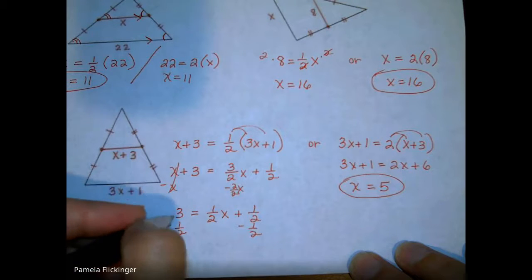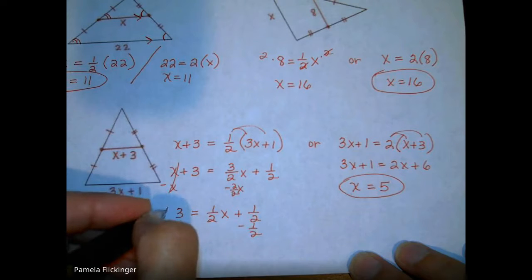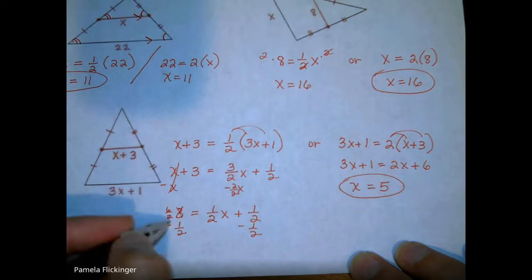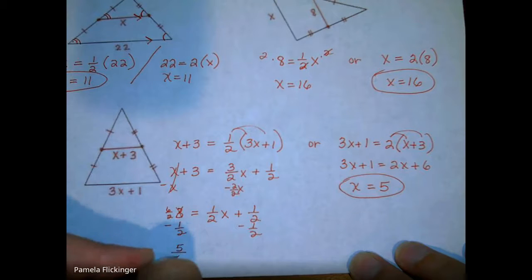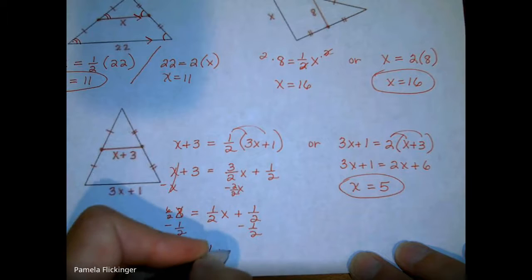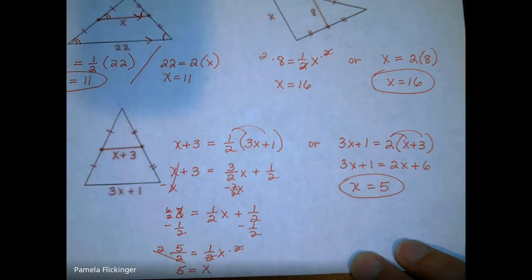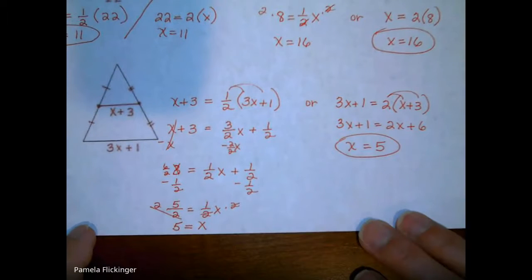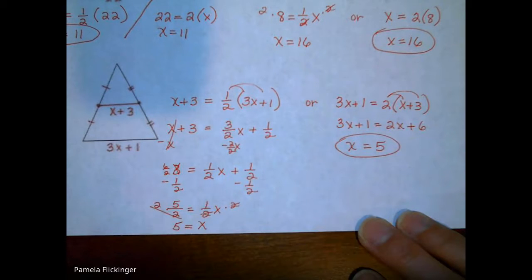This 3 is the same as 6 over 2. So 6/2 minus 1/2 gives me 5/2. And then lastly, I would multiply both sides by 2. And I would still get x equals 5. So certainly a little more complicated with that 1/2 fraction. So keep in mind how you can double the shorter midsegment to help you with those algebraic problems. You should be ready to practice.